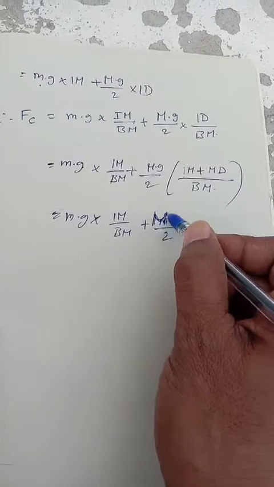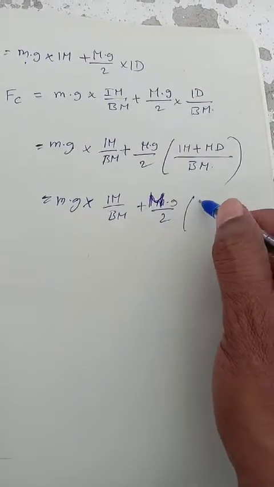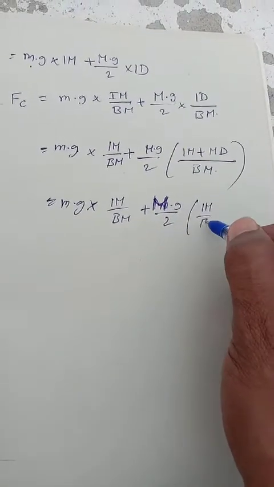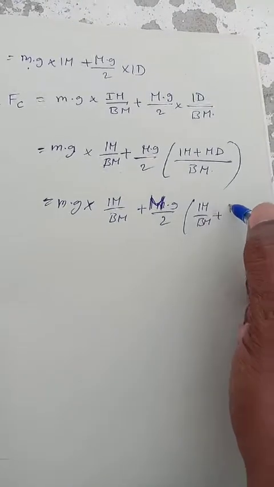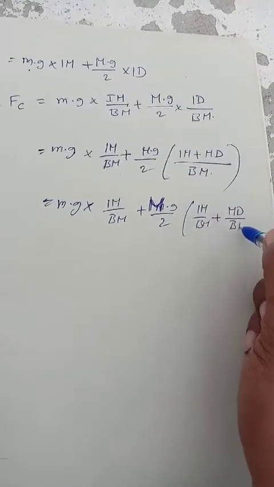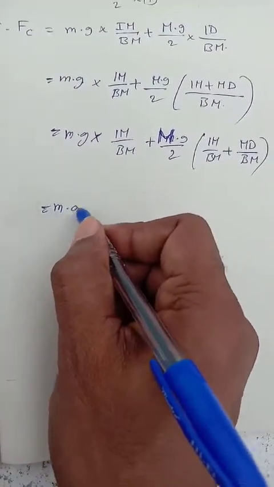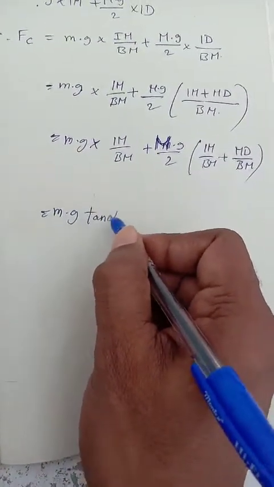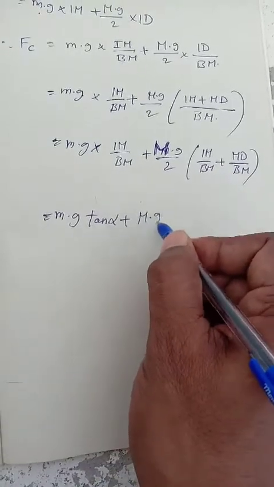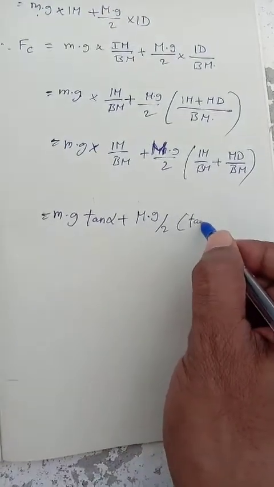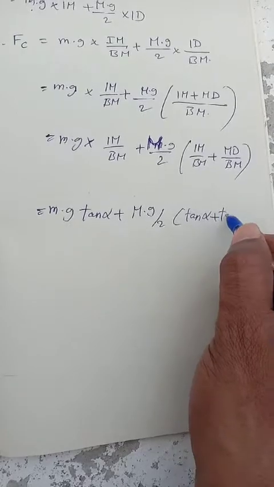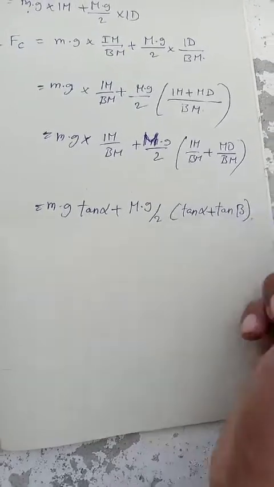So now here I can write m into g tan alpha plus capital M into g by 2, tan alpha plus tan beta.